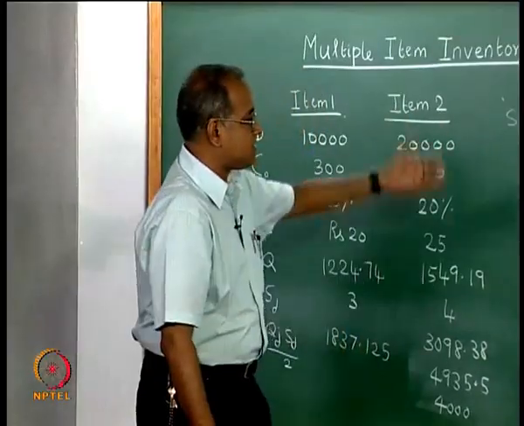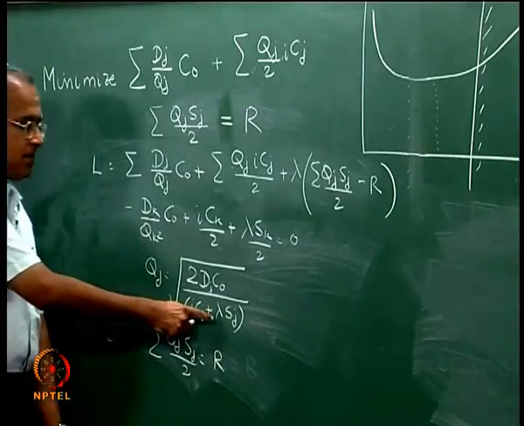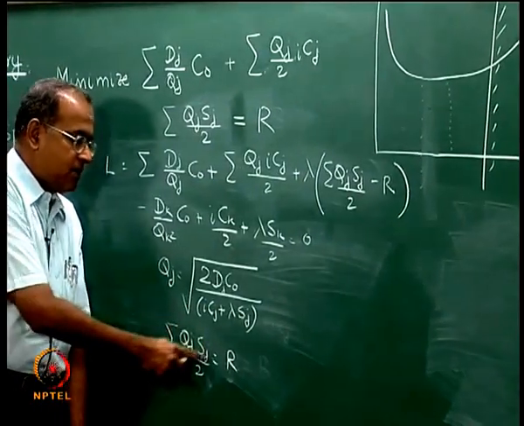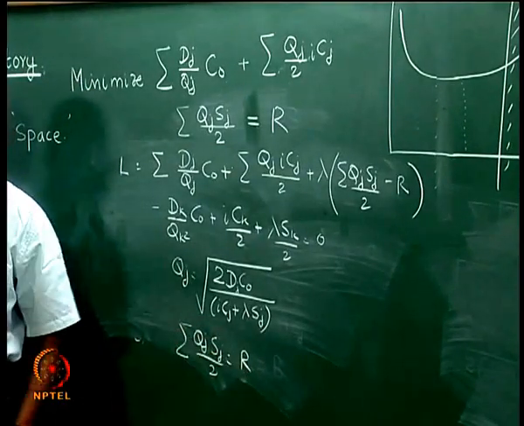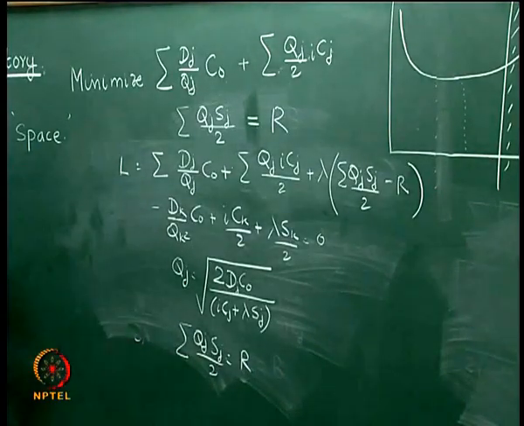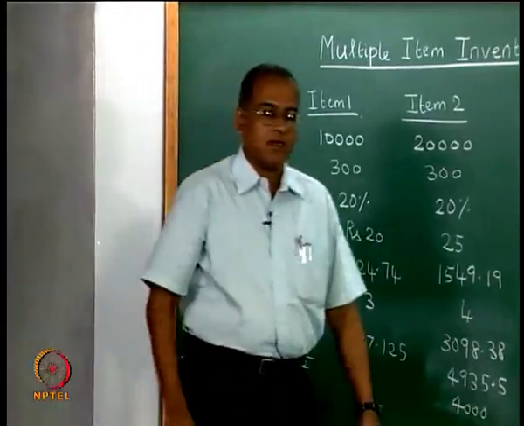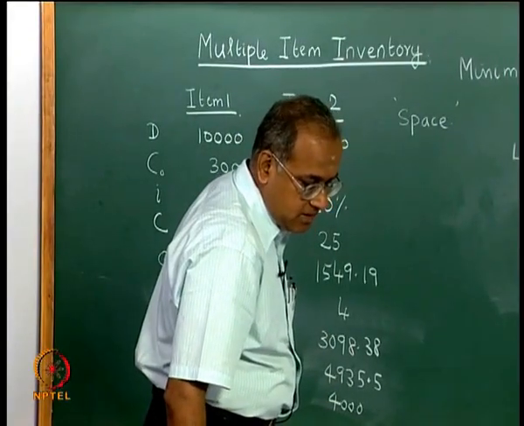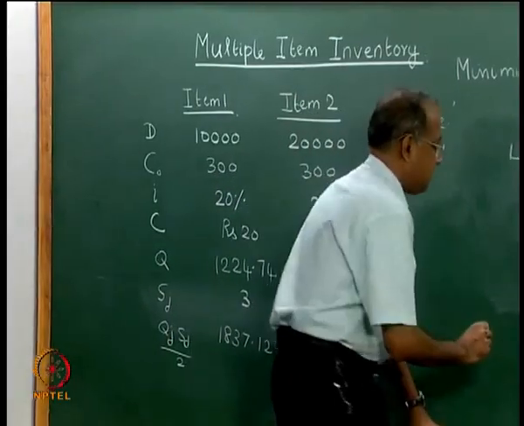We can try various values of lambda, calculate Q1 and Q2 for a chosen value, and then substitute here, and that value of lambda for which LHS equals RHS is the best value of lambda. When we apply this to this numerical example, we try out different values of lambda, and after an extensive amount of computation we observe that lambda is 0.669.